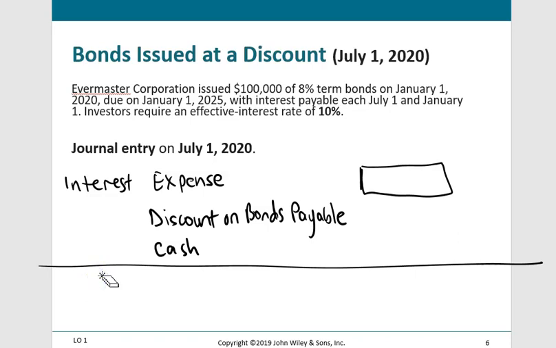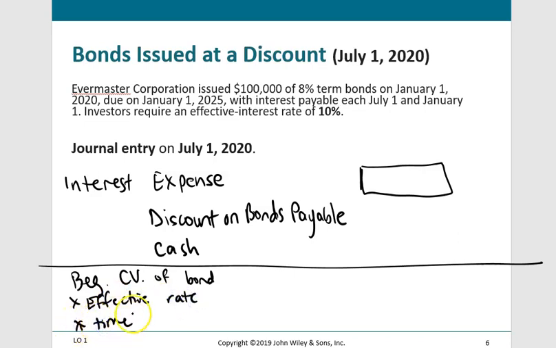To solve for interest expense, what we need to do is take the beginning carrying value of the bond and multiply it by the effective or market rate of interest going out there for some similar bonds. And of course, multiply this by time. This is a semi-annual bond, so this will be 6 out of 12. Beginning carrying value times the effective rate times time is going to give us interest expense.